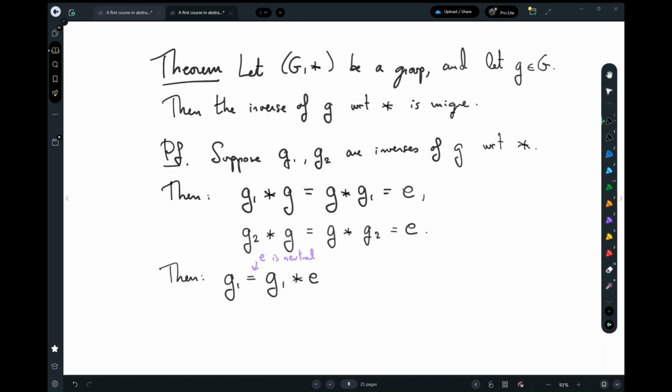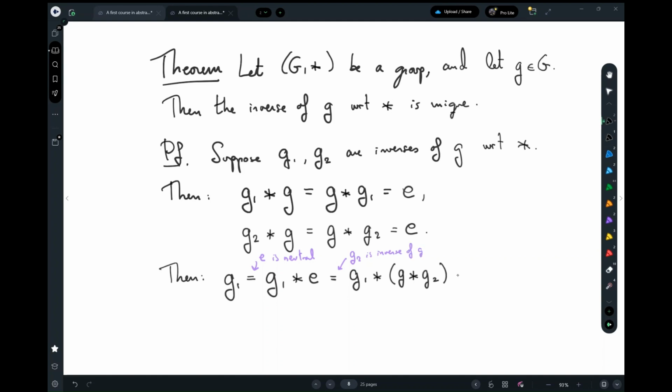And now I have some expressions for e right here. So I want to bring g2 into the picture, so I'm going to use that e is equal to g star g2. So e I'm just going to substitute here by g star g2. I'm really substituting e by the property, the fact that g2 is an inverse of g.